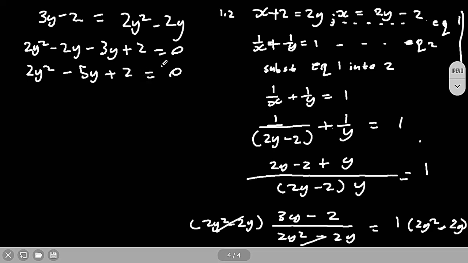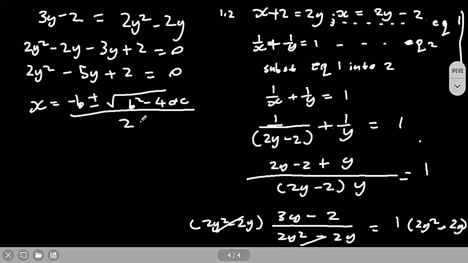If you are not sure when you reach this point, you can just use your quadratic formula, which says, you know it, guys, x is equals to negative b plus minus the square root of b squared minus 4ac over 2a. Okay, I will first use the quadratic formula.